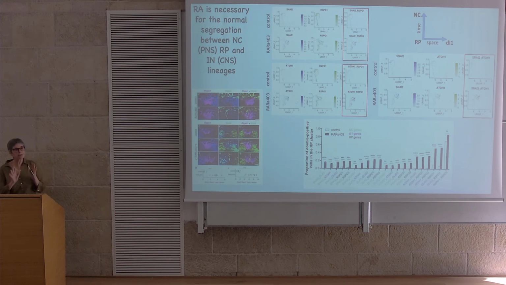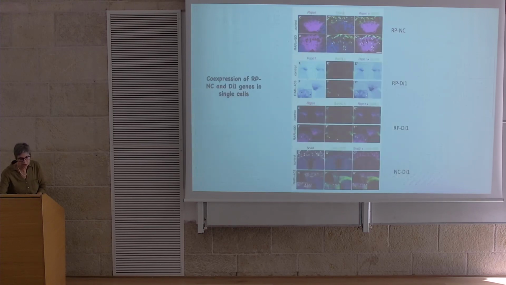So basically what we can say from all our in situ, functional and bioinformatic analysis is that retinoic acid is necessary for the segregation between roof plate and PNS, and between roof plate and DI1 interneurons.